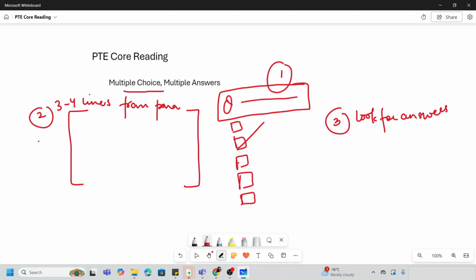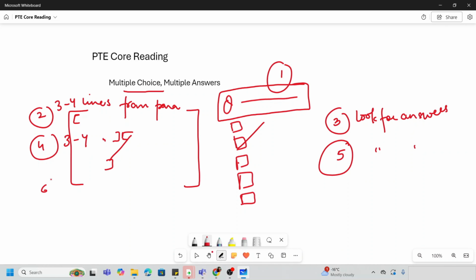The fourth step is to read 3 or 4 lines again from the paragraph, which is the mid section. Let's say in the second pointer you have read from here till here, then read 3 or 4 lines from here to here. Then try to attempt answers again as the fifth point. Look for answers again, but this time look for answers that are related to the fourth pointer.